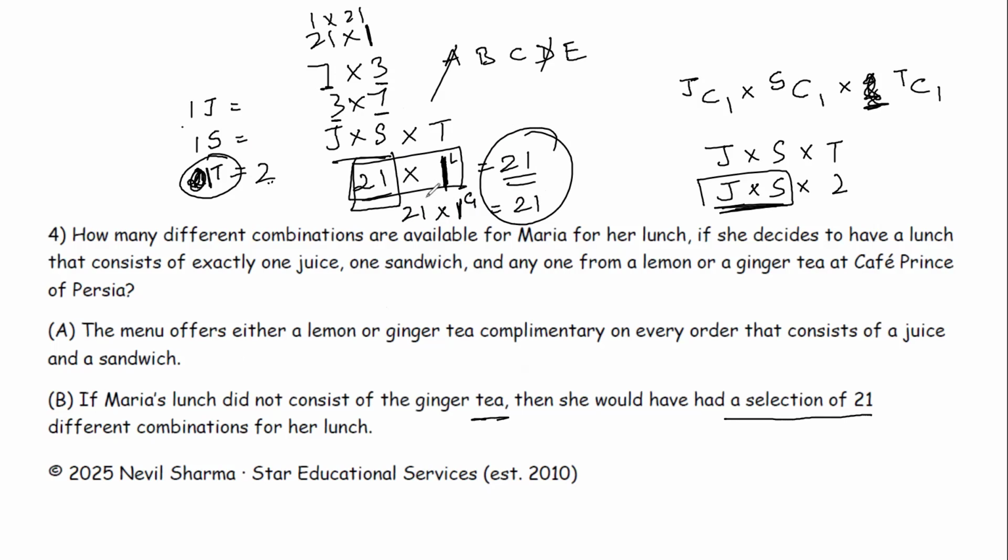So with option B, we get our answer. Correct? So B is the answer. C is out, E is out. We have to find out how many different combinations are available for Maria for a lunch. So there are 42 different options.